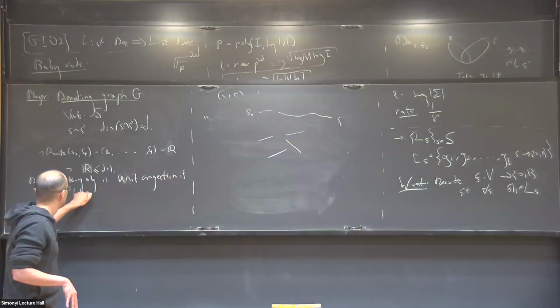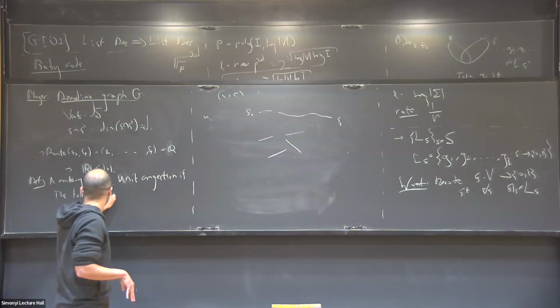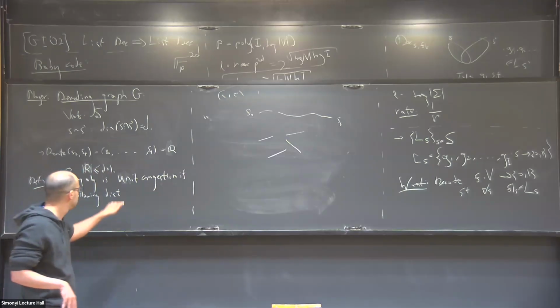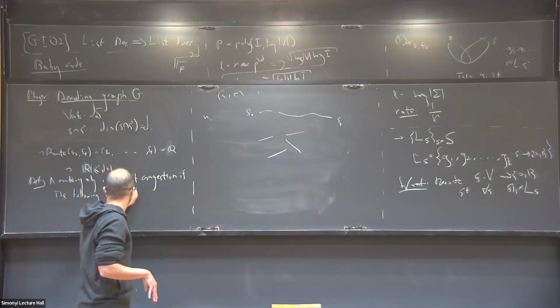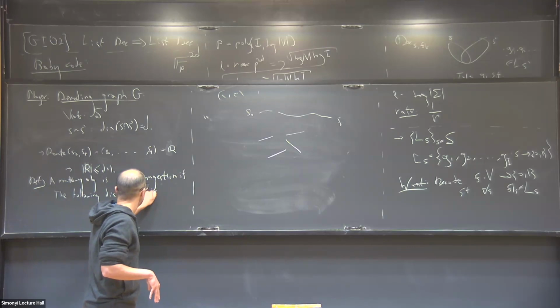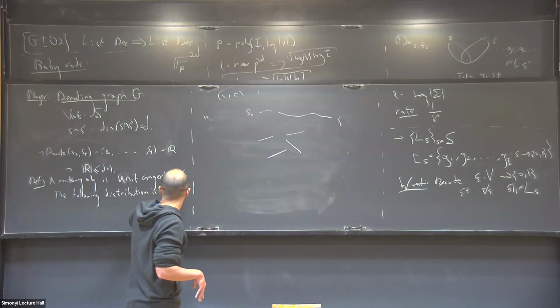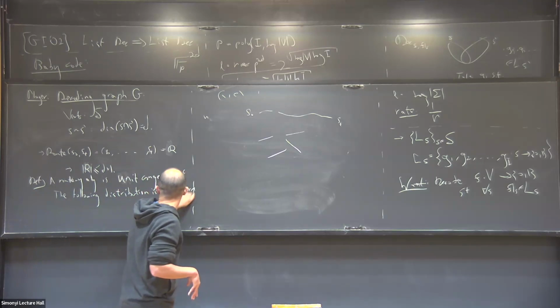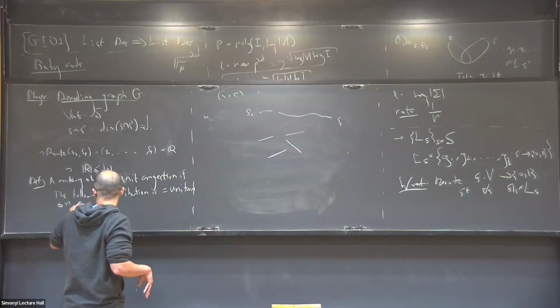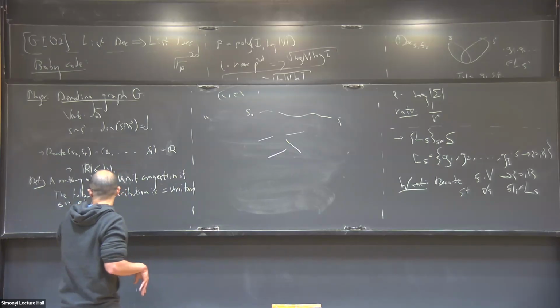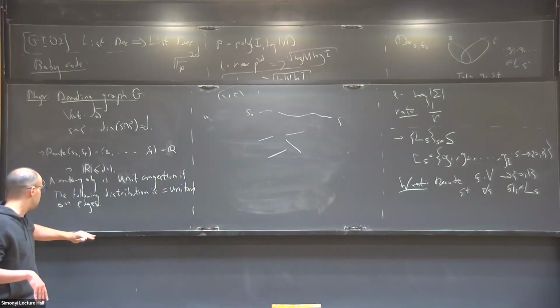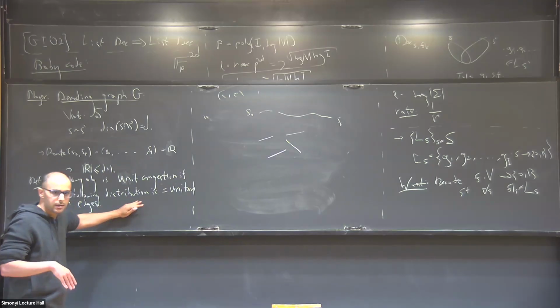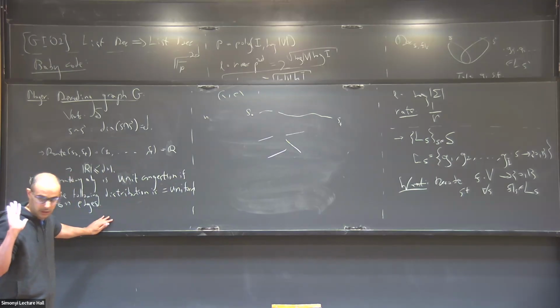You see congestion if edges are used 3 times more than expected. Okay, so a graph is unit congestion if the following distribution is actually just a uniform distribution on edges.